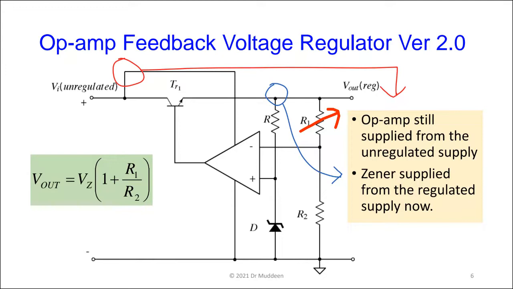So if R1 is variable, when R1 is 0, I get that the output is VZ. So in this case, we pick 7 volts. And if we vary it such that R1 to R2 might be, let's say, 3, then VZ is 7, and in theory I could get V out as 28.